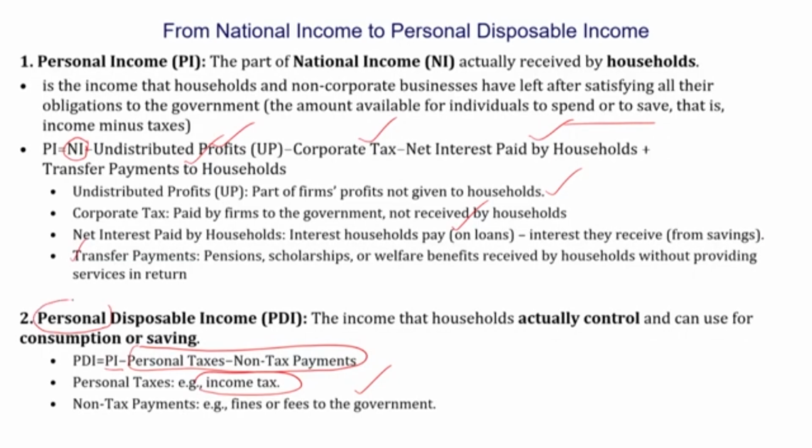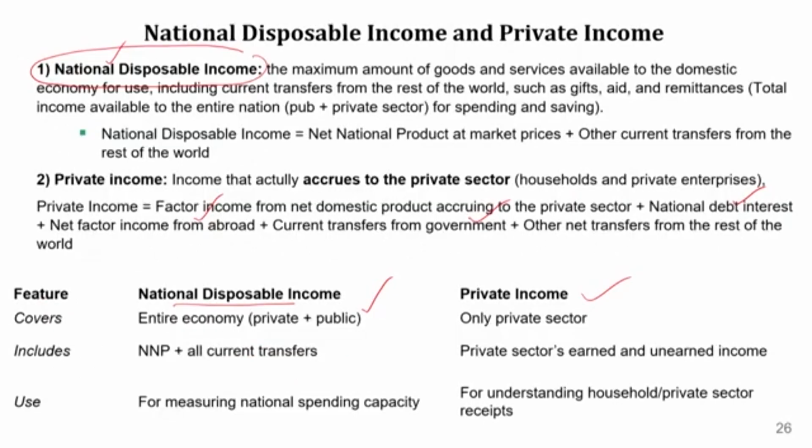This personal disposable income is mainly for the household sector, what is available for them to spend after paying the direct tax to the government. But in the next slide what I meant is not personal disposable income but national disposable income. So I just thought of clarifying these two concepts.